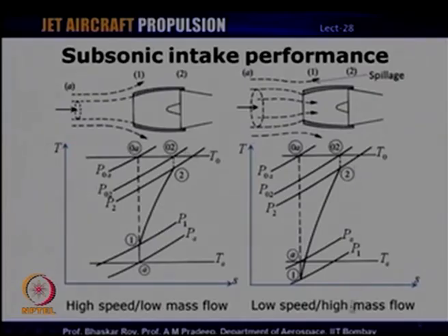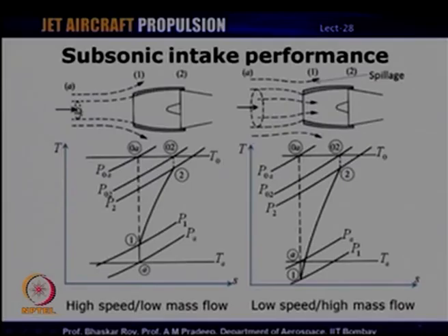Now, let us look at the other extreme operation, that is during takeoff. It is low speed, high mass flow, and I mentioned that these intakes are usually designed for operating efficiently during cruise, which means that if it is a fixed geometry intake, because the mass flow requirement is very high, the intake area is fixed and the speed is low, it means that the capture area upstream has to be very large, because if the intake has to supply that much mass flow rate, capture area has to be large, because it is this mass flow which will ultimately go into the engine at this speed.